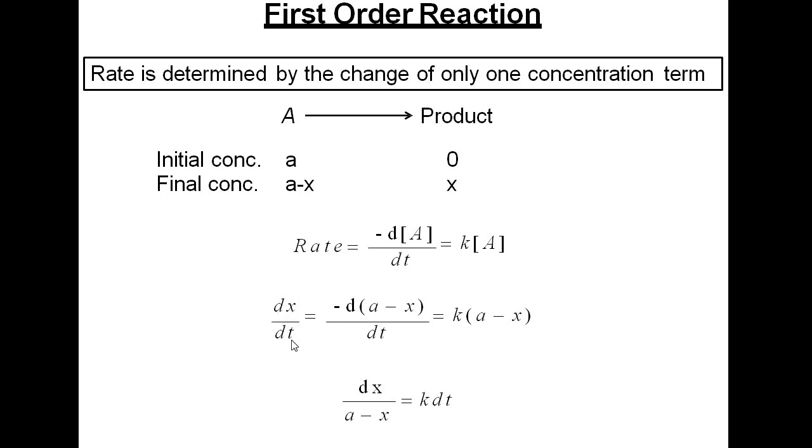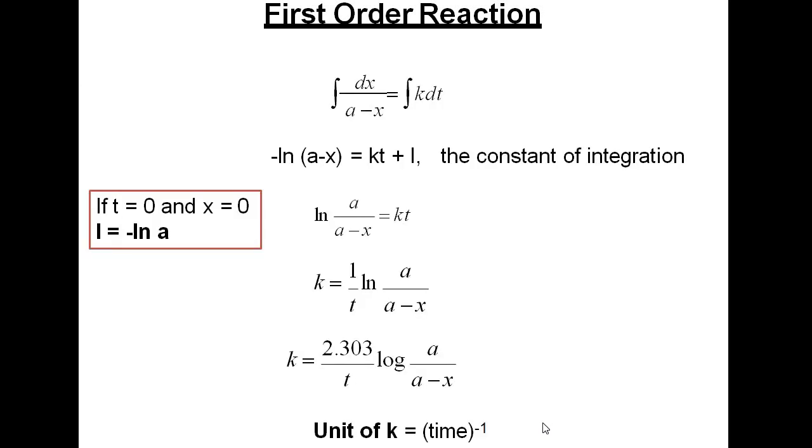Then dx upon dt is equal to minus d(a minus x) upon dt, which is equal to k into (a minus x). Then dx upon (a minus x) is equal to k dt. To find out the total change, integrate the equation.